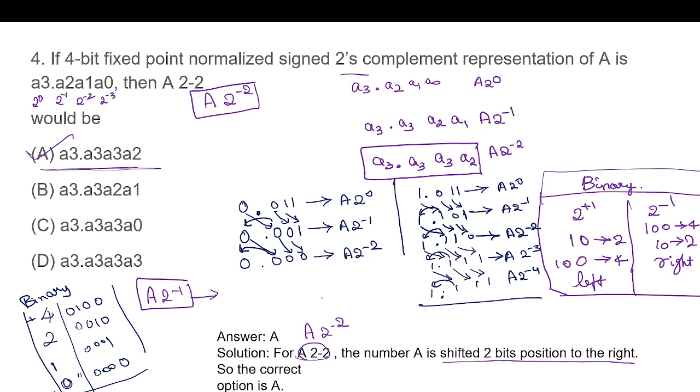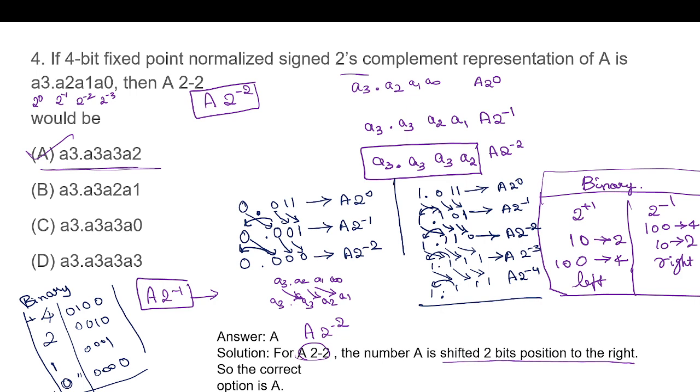A 2 power minus 1. Yes, it will be 1. Minus a means this will be the shifting, one shifting. So you will have a0, a1, a2, a3. So one is shifting, a1, a2. Minus a means a to power minus 1.